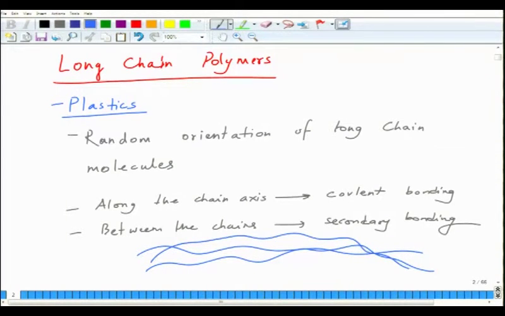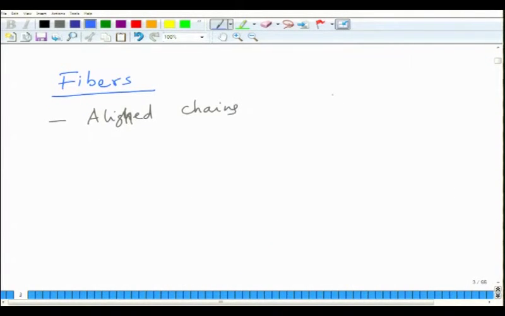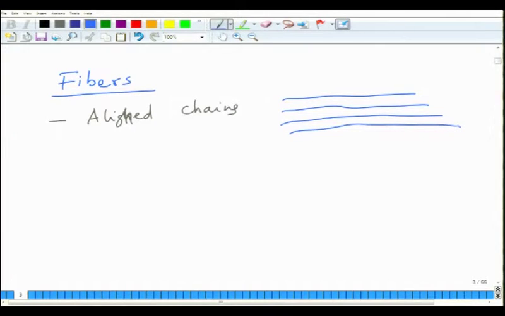They are long chains, but they are random with respect to each other. There can be some cross linking, but they are random with respect to each other. In the fiber case, the chains would be quite aligned like this. So, these are sort of chain aligned structures.